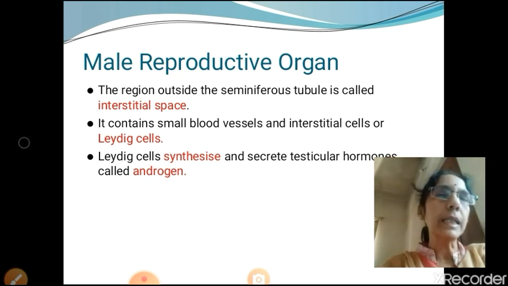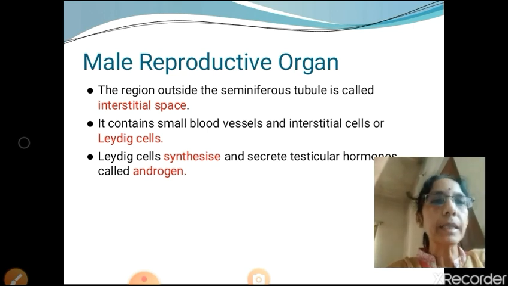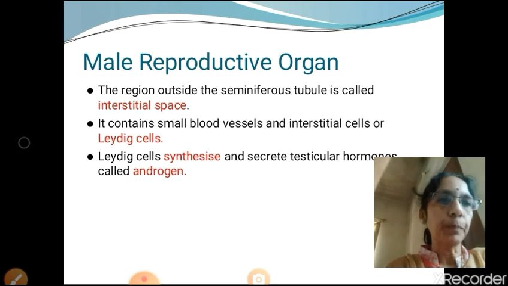The Leydig cells normally synthesize and secrete a testicular hormone called androgen. It also has some immunological components.